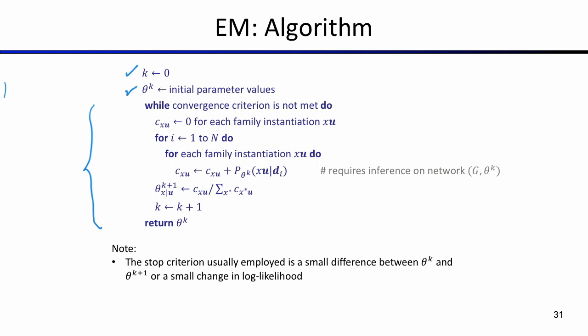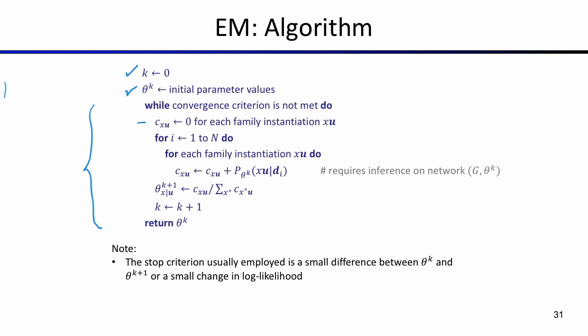Another criterion that is also very used, but that will give us a little bit of overhead, is to use the log likelihood. So we can compute the log likelihood and see the difference between the log likelihood in 2 consecutive iterations. If this number is very small, we establish convergence. And the next step is to set this counter here, C_XU, to be 0. And that's going to be done for each family instantiation X and U.